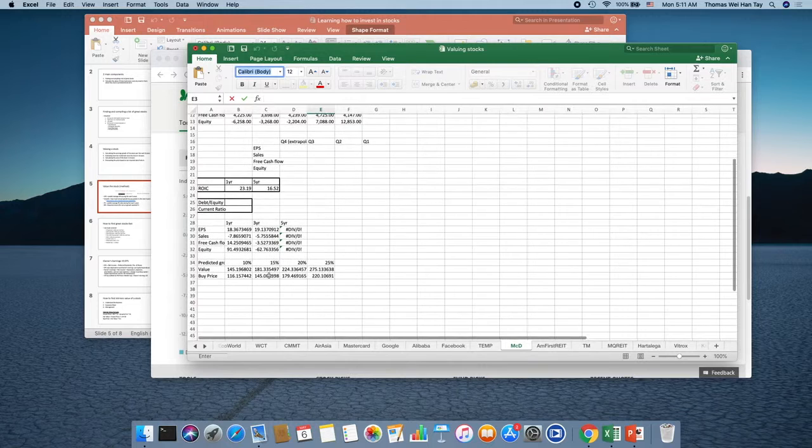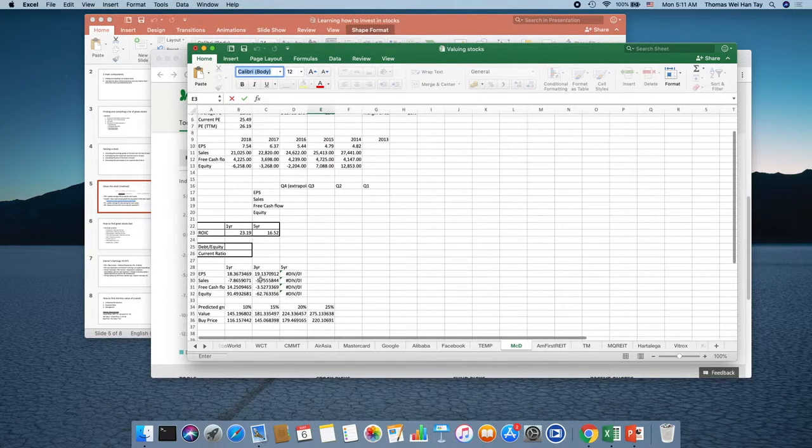Okay, now I'm gonna put a number to the predicted growth. So we see that the EPS is growing quite nicely at about 18% in 1 year and 19% in 3 years. So 3 years I've put it from 2015, so 1, 2, 3. So from 2015 it has grown about 90%, from 2017 it has grown about 18%.